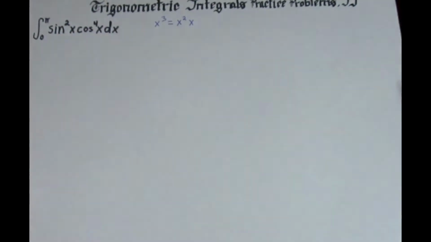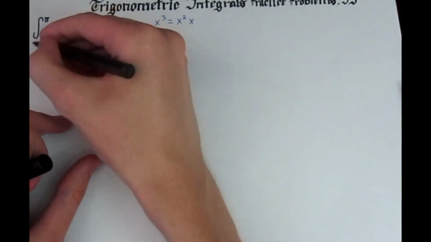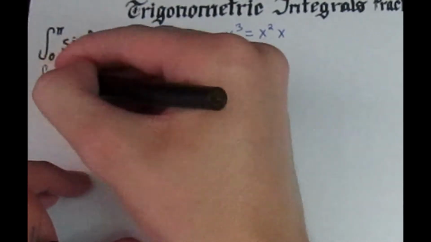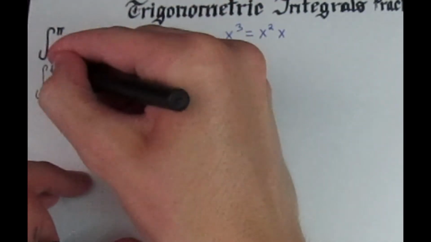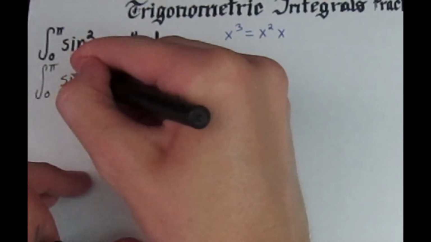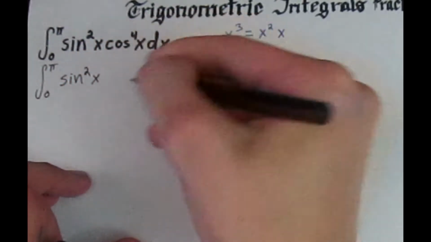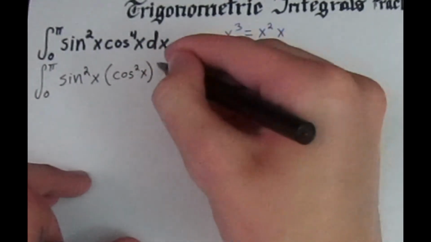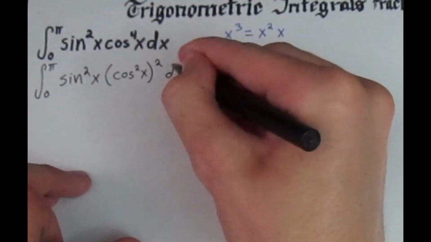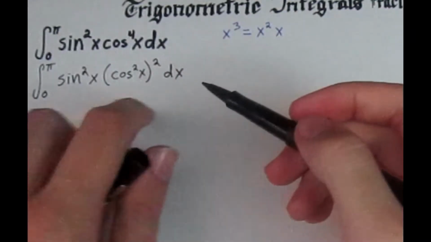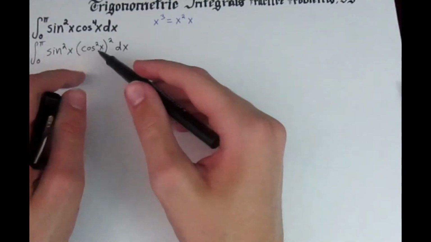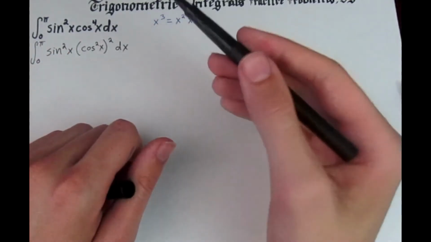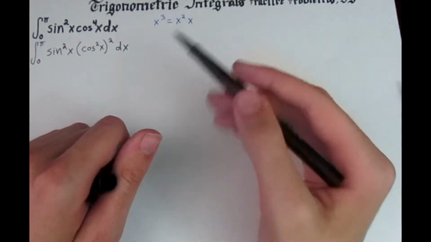So what to do in this case is, for tutoring purposes, I would rewrite this as the integral from 0 to pi of sine squared x times cosine squared x quantity squared dx. And now it's more apparent that whenever you see sine squared or cosine squared, always use half angle identities.